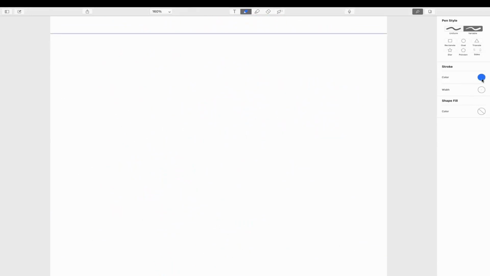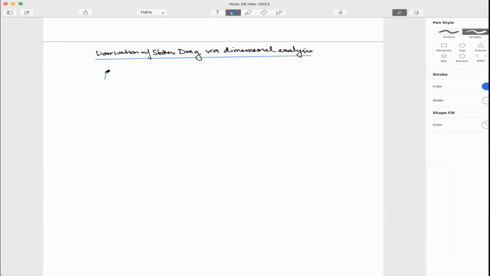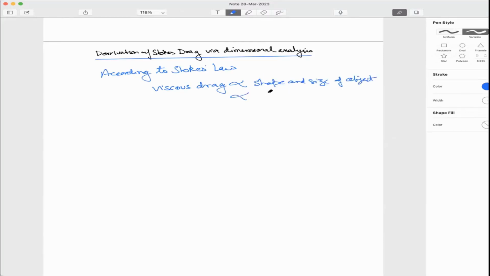The derivation of Stokes drag via dimensional analysis. Okay. So we know that according to Stokes law, I can write viscous drag is directly proportional to shape and size of object, directly proportional to speed of object, and directly proportional to the viscosity, eta.